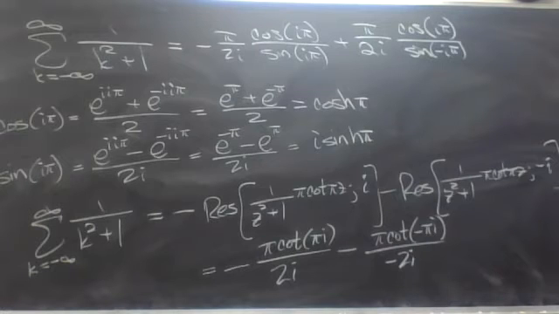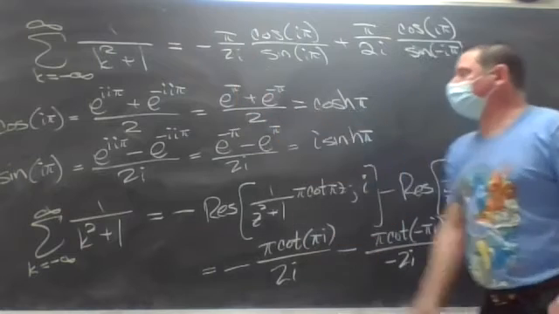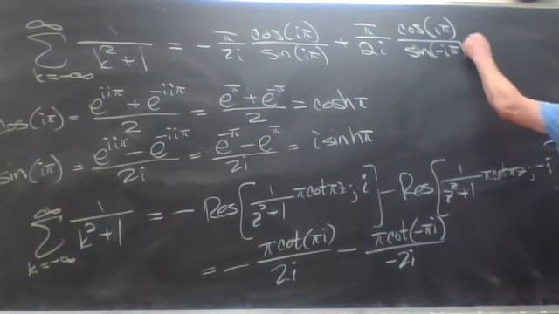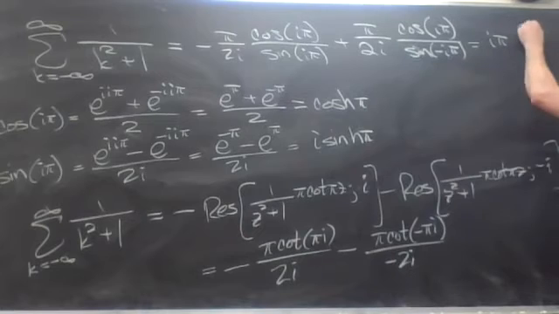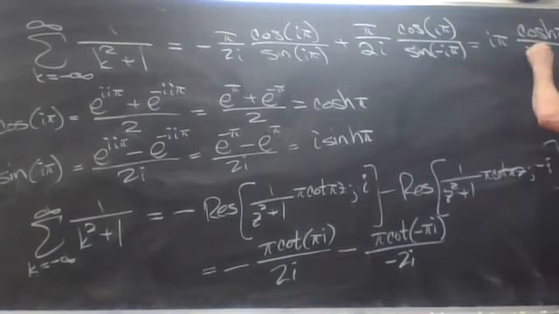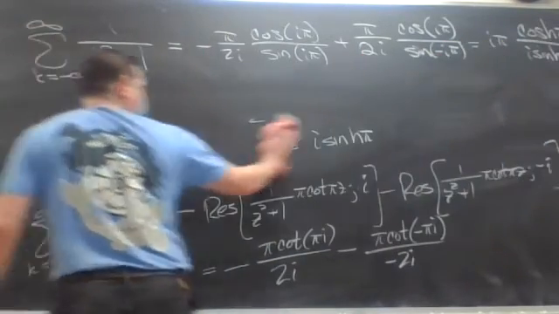So pulling this all together and remembering that these two are the same, so I'll just get rid of the 2 and only write one of them, I would get i pi cosh pi divided by i sinh pi.